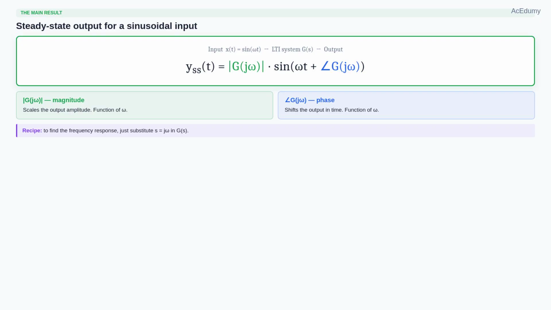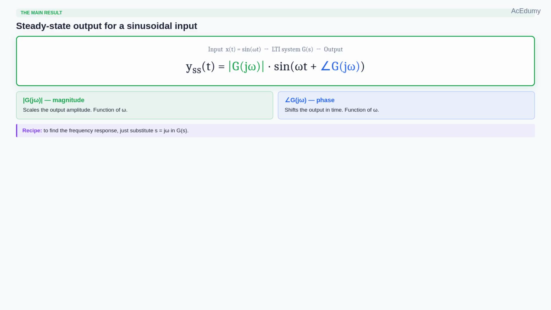Where does the formula come from? A two-step argument. Take the Laplace transform of sine omega t, multiply by g of s, do partial fractions. The transient pieces decay because the system is stable. What survives are the two terms with poles at plus and minus j omega, and those combine into a sinusoid with amplitude the magnitude of g of j omega and phase the angle of g of j omega.